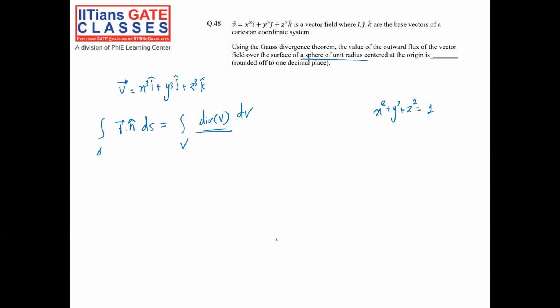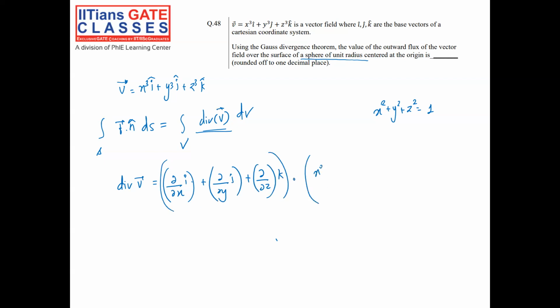we have to calculate the divergence of v bar first. So v bar is given, so divergence of v bar would be dou by dou x i plus dou by dou y j plus dou by dou z k operating on x cube i plus y cube j plus z cube k.